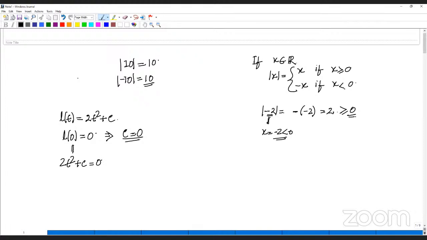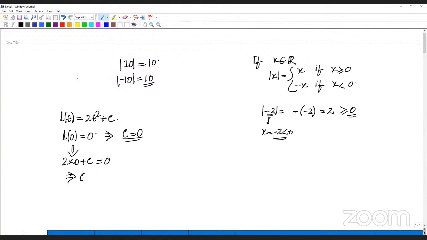So L of 0 means 2 times 0 plus C, which is 0.